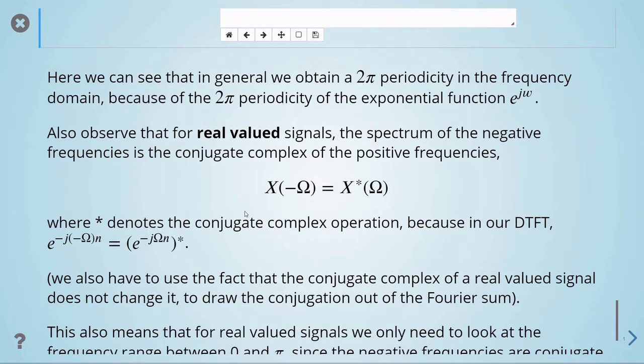We also have to use the fact that the complex conjugate of a real valued signal does not change it, to draw the conjugation out of the Fourier sum.